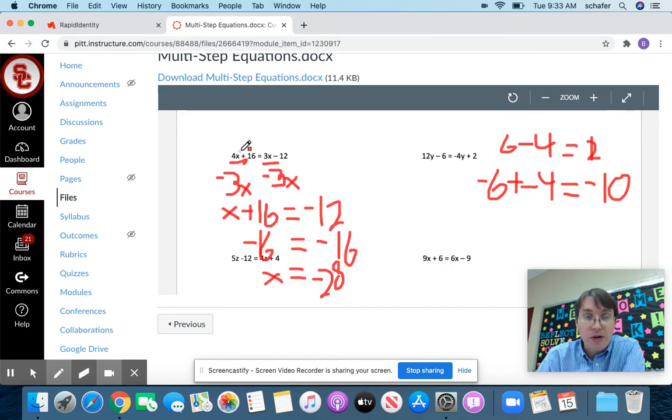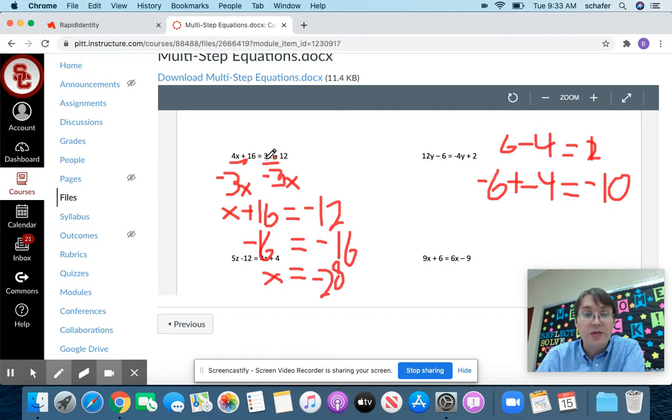So we started with 4x plus 16 equals 3x minus 12. We knew that we wanted to get x on one side all by itself. So the only way to do that was going to be to break it down and get like things together.